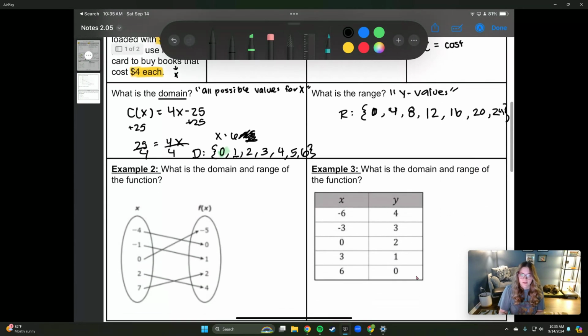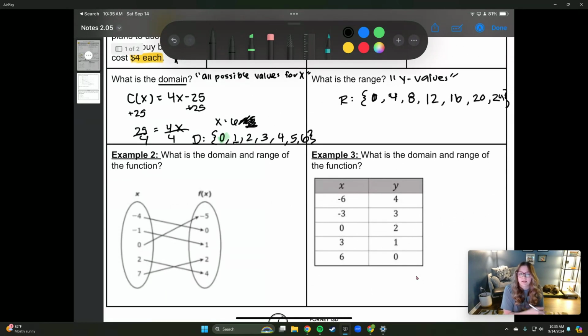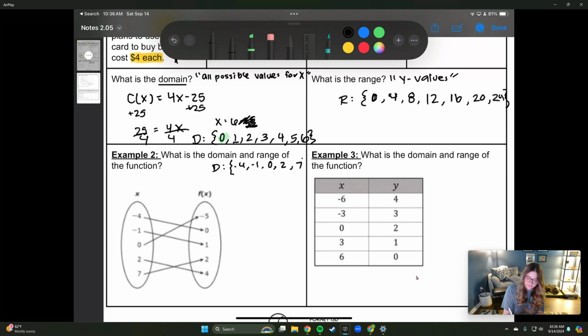All right, now these 2 examples. What is the domain and range of the function? Well, remember, your domain is all possible values for x. Well, there it is right there. It says -4, -1, 0, 2, 7. Now here's where we might get a little confused. It's trying to trick us up here a little bit.